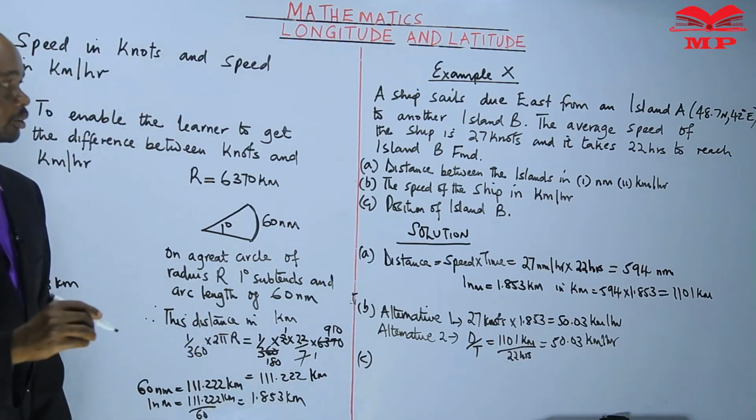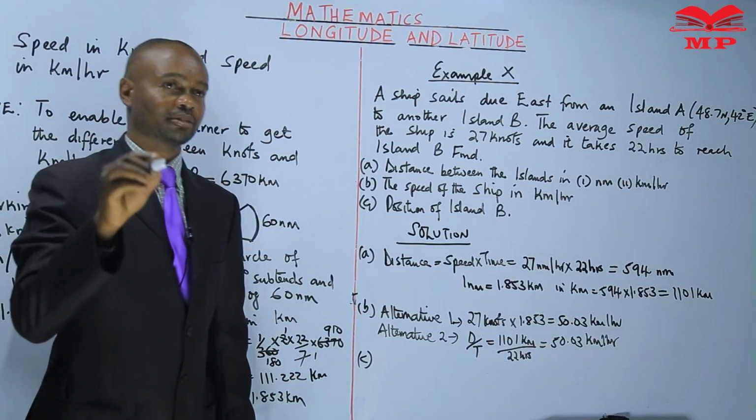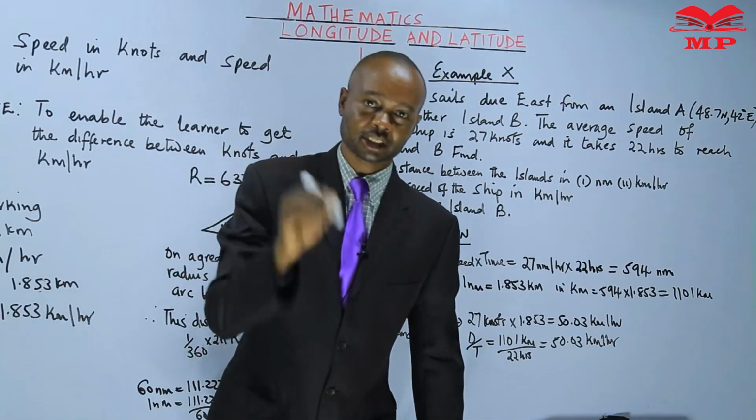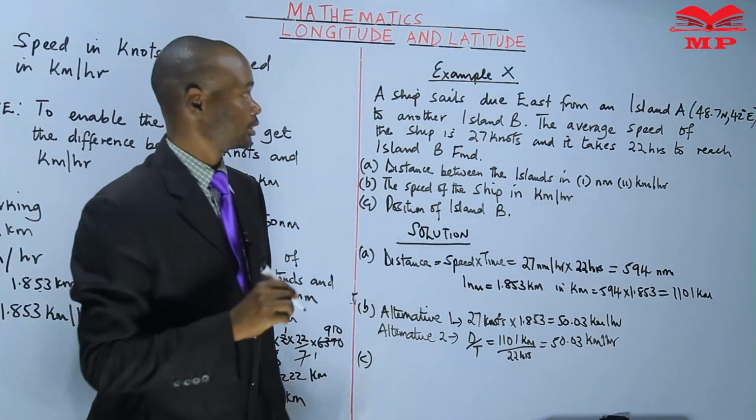When we come to C, learner, when they talk of position, we learned earlier that to give the definite position of a place, we should state the latitude and the longitude.